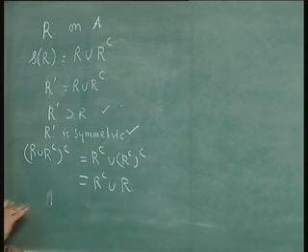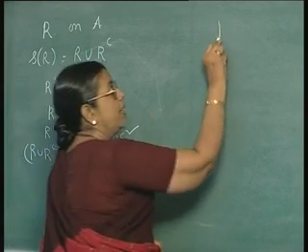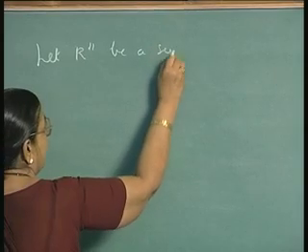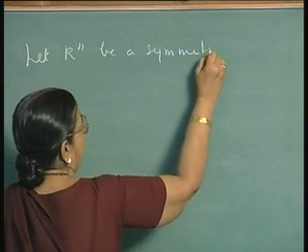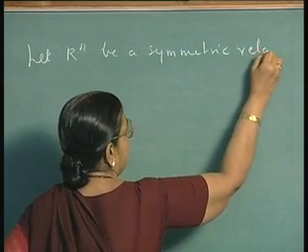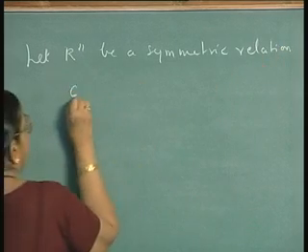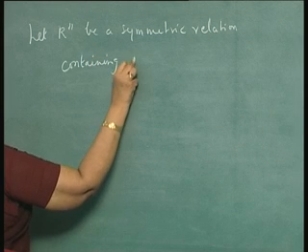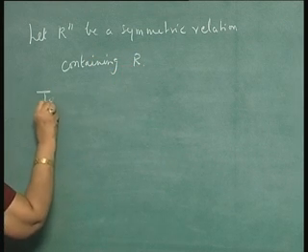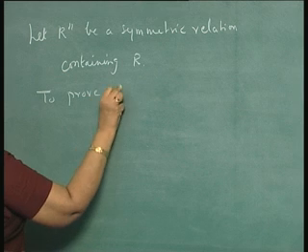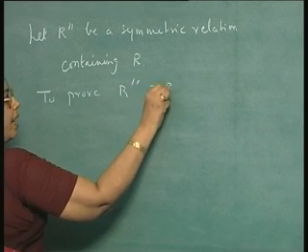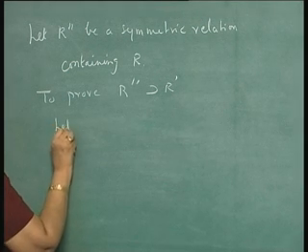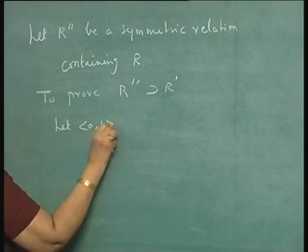Now, the third part is, let R2 dash be a symmetric relation containing R. Then we have to prove R2 dash contains R dash. Now, let AB belong to R dash.